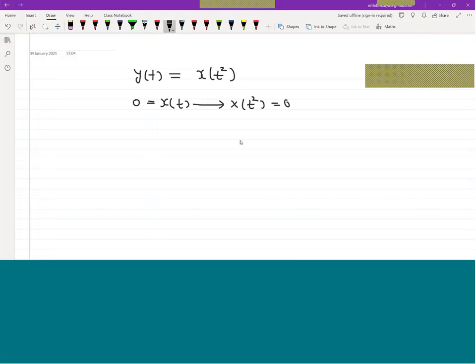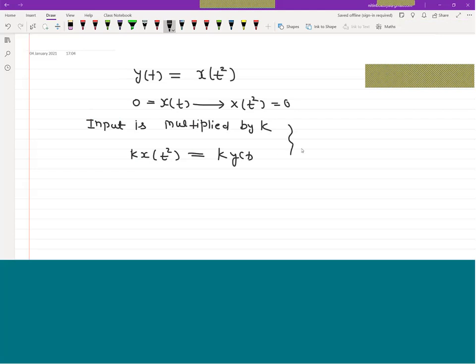And if input is multiplied by k, so this is k times x of t square is equivalent to k times y of t.